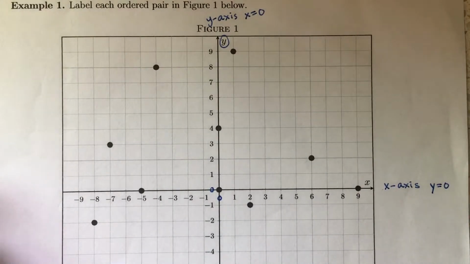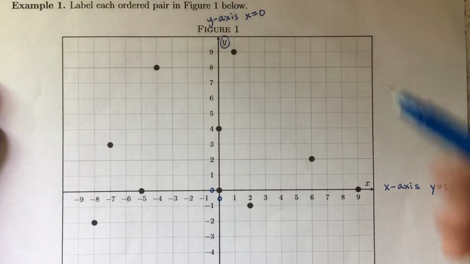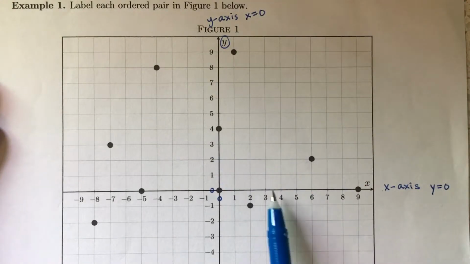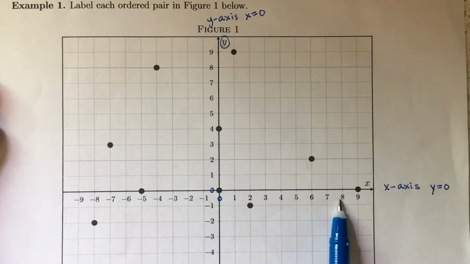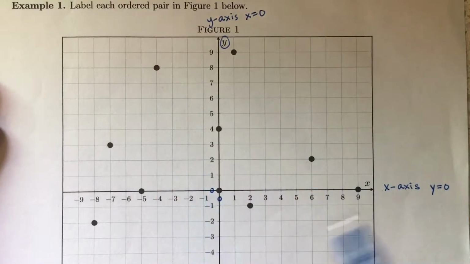The other thing we want to talk about are the quadrants. So we use Roman numerals to label quadrants. So we start where x and y are both positive. So notice the x values side to side are positive numbers. The y values up and down are positive.